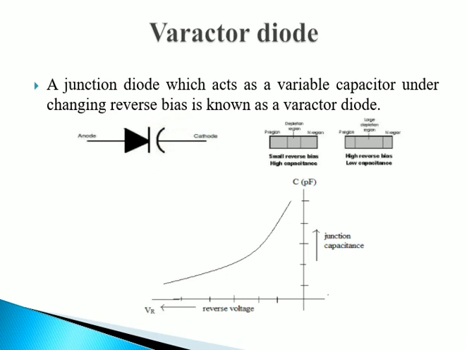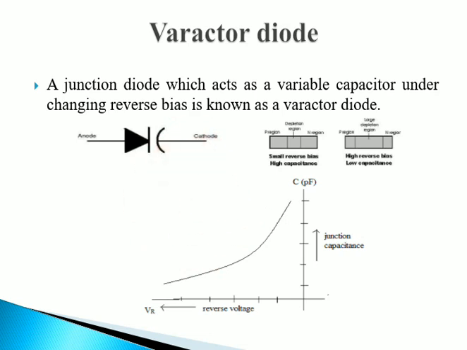Now when reverse voltage across your varactor diode is increased, the width of the depletion layer will increase. Because of that, the total junction capacitance will decrease. On the other hand, if the reverse voltage across your diode is decreased, your depletion layer also decreases, and because of that your total junction capacitance will increase.